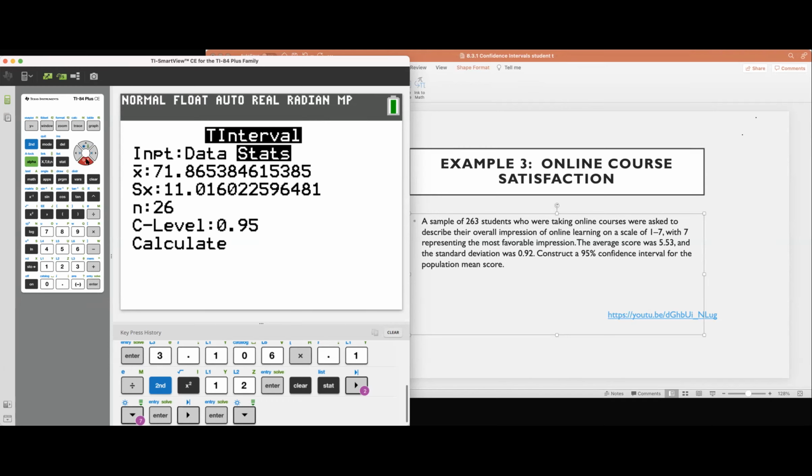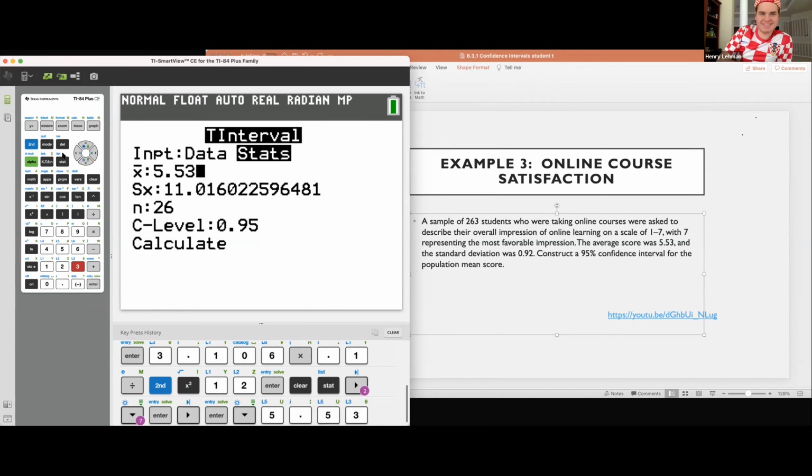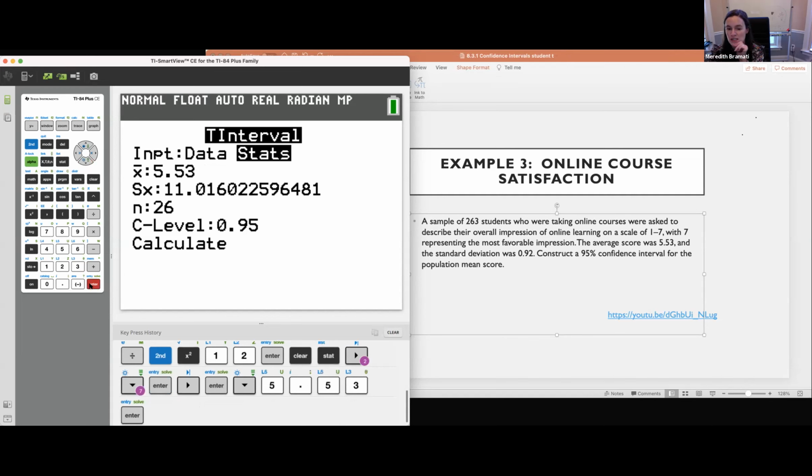The mean of this problem is 5.53, exactly. And what is the sample standard deviation from this problem? 0.92.